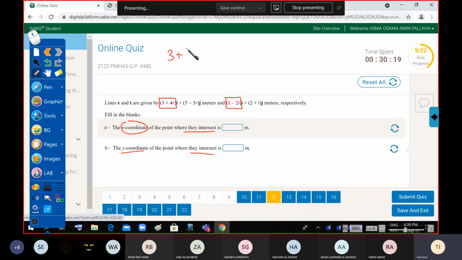So you do 3 plus 3r equals 1 minus 2t. And y should be equal to y, so 5 minus 3r equals 2 plus t. You group them into equations with two unknowns. It will be like this: 3r plus 2t is equal to minus 2, and this is the first equation.